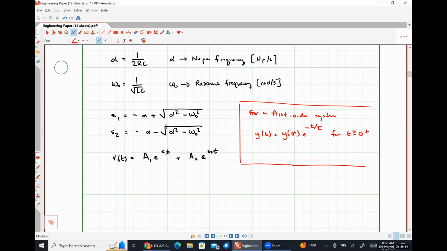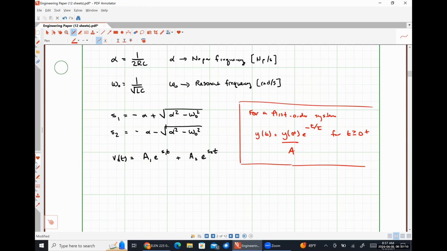You guys remember that? Okay. So this guy right here is the coefficient A. Okay. So A was related to the initial condition on our circuit element of interest.